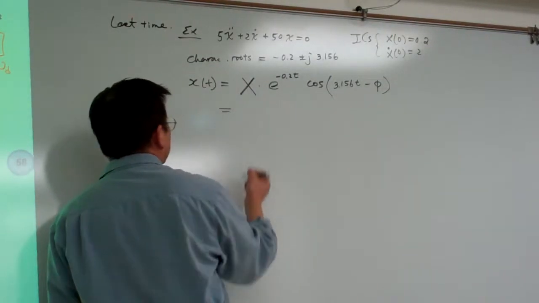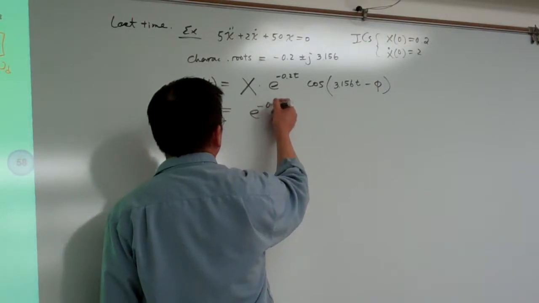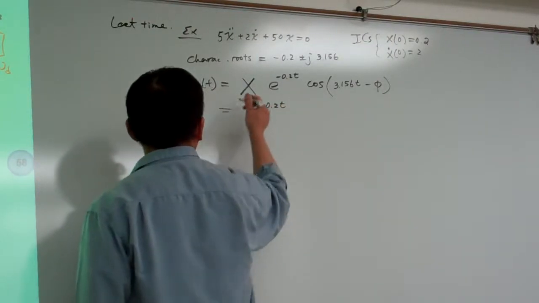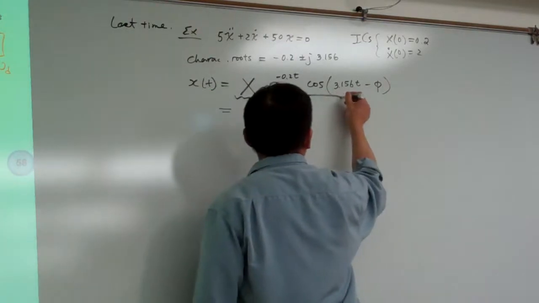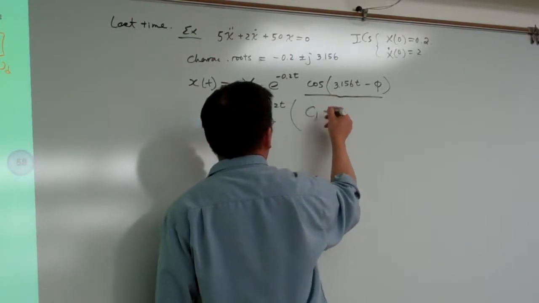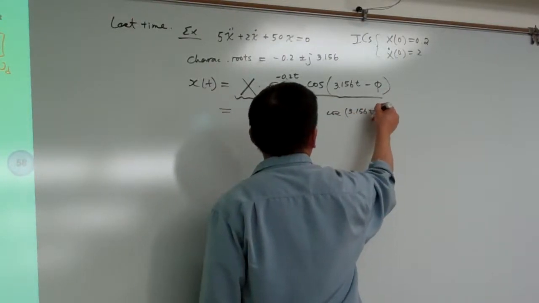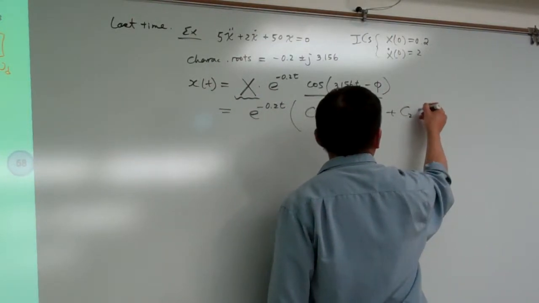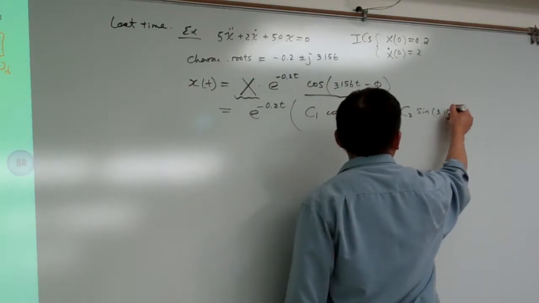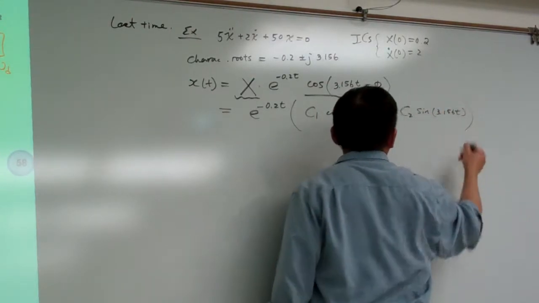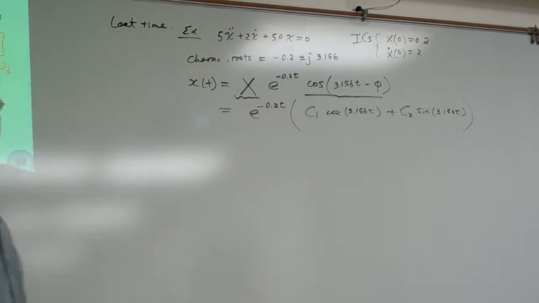Otherwise, you can express it as e to the minus 0.2 t, and again we can expand X multiplied with this into C1 cosine 3.156 t plus C2 sine 3.156 t. Either way.